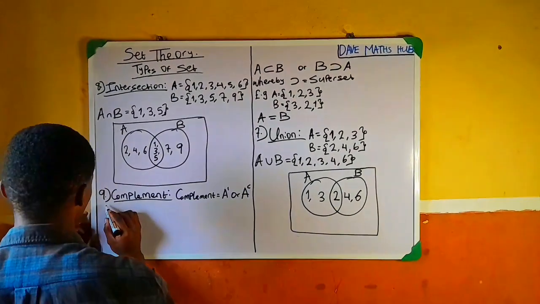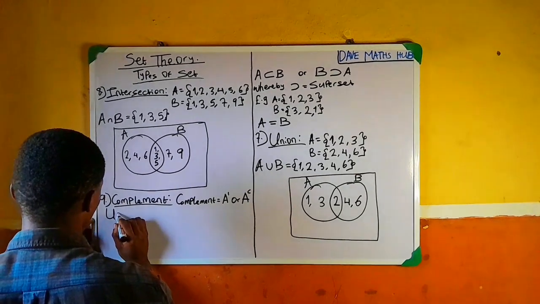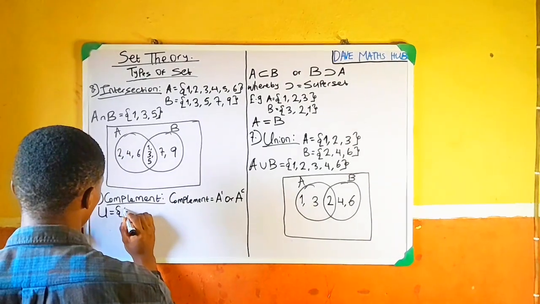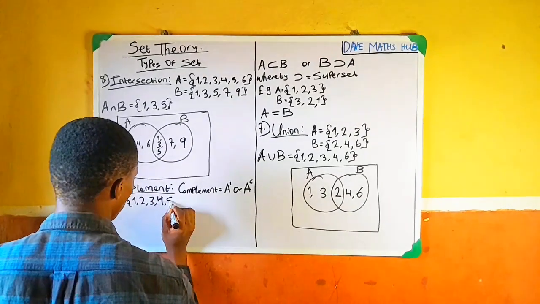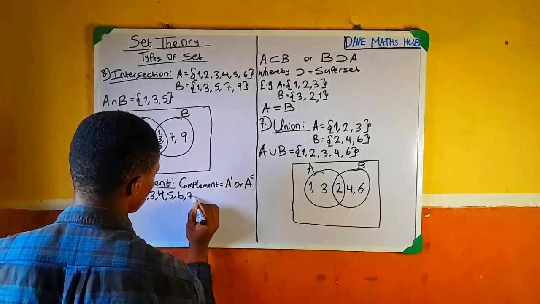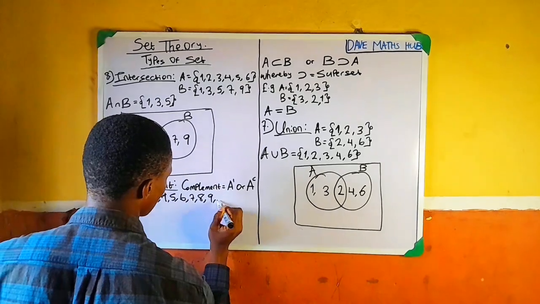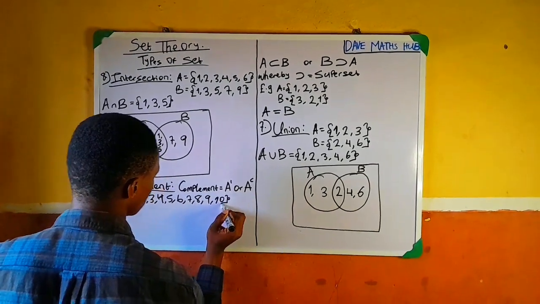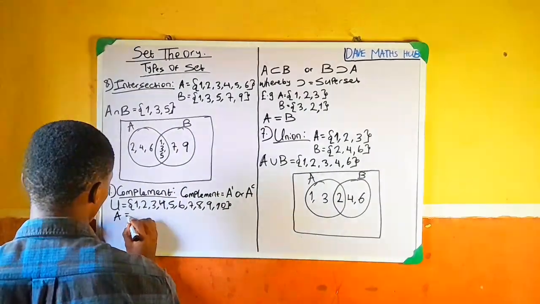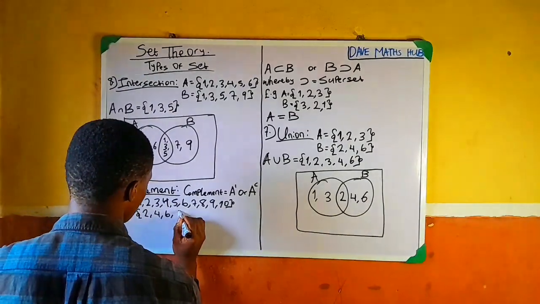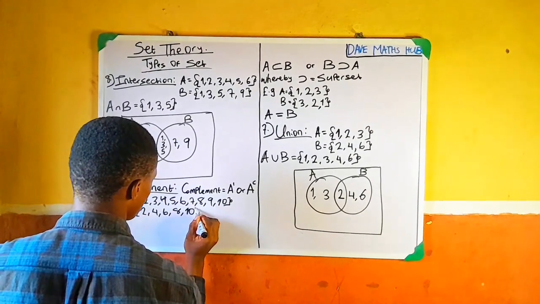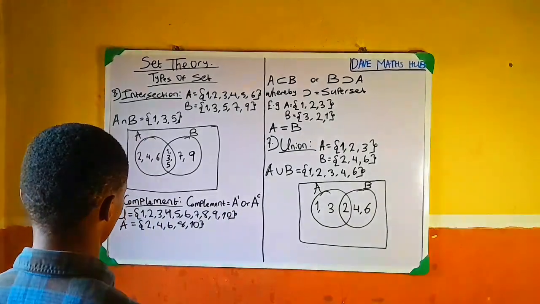Now, this is an example. Universal set, we can have 1, 2, 3, 4, 5, 6, 7, 8, 9, and 10. Then set A can be 2, 4, 6, 8, 10, which are basically even numbers.